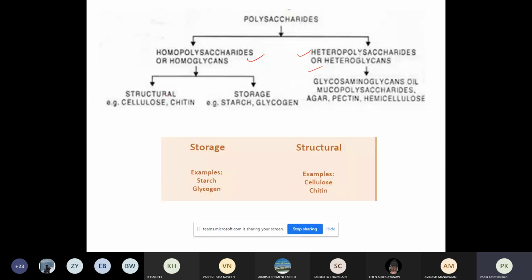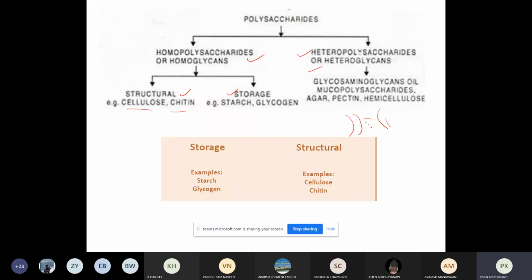Coming to the homopolysaccharides, we said that they have either a structural role or a storage function. For example, cellulose and chitin have the structural role, whereas starch and glycogen have the storage function. Heteropolysaccharides are present in the extracellular space, that is the space between the two cells, and have various functions.